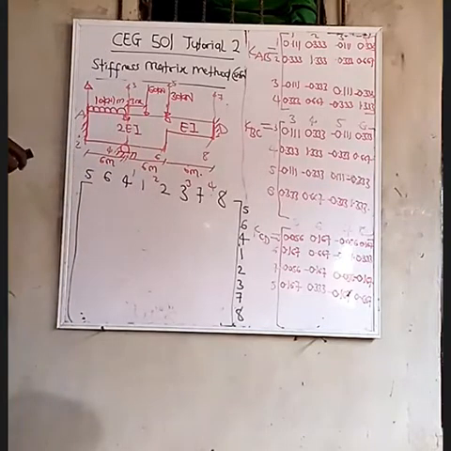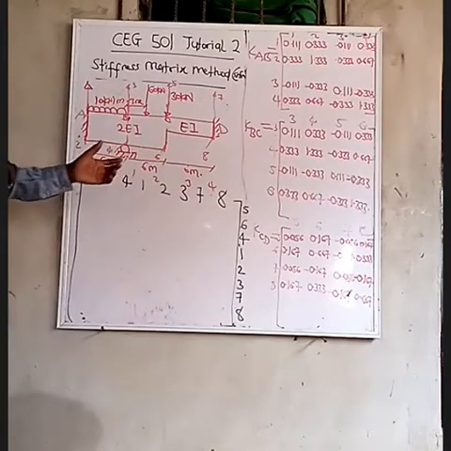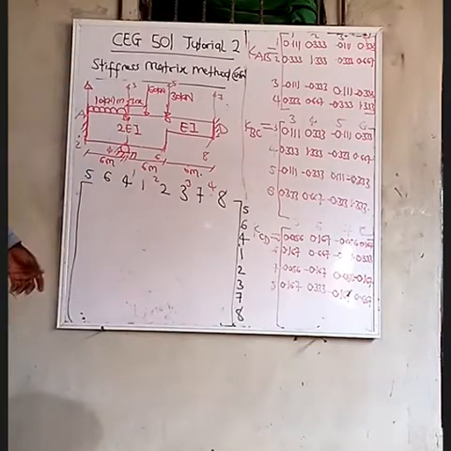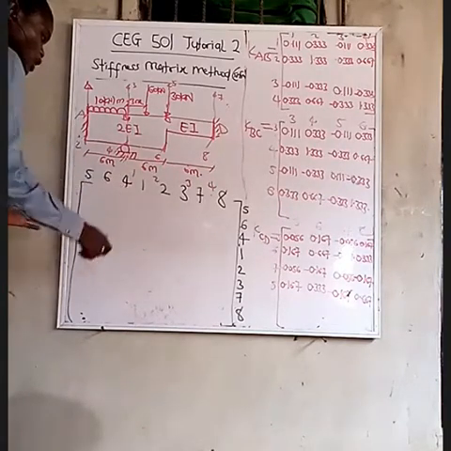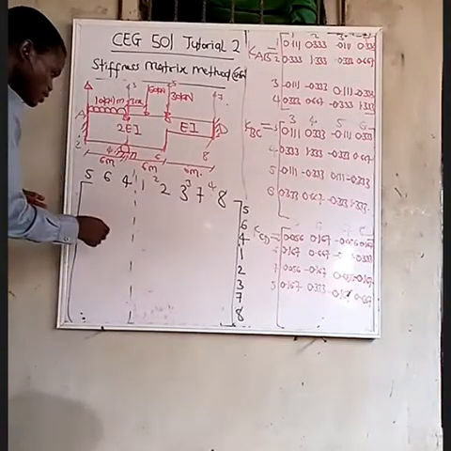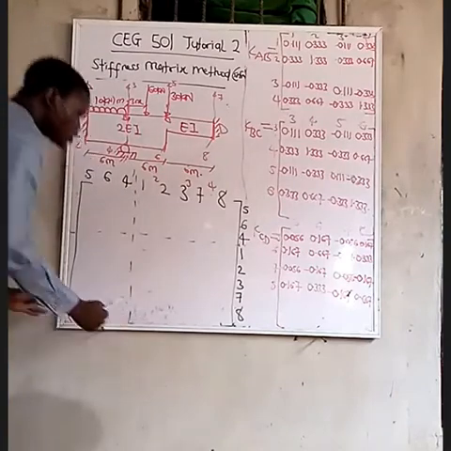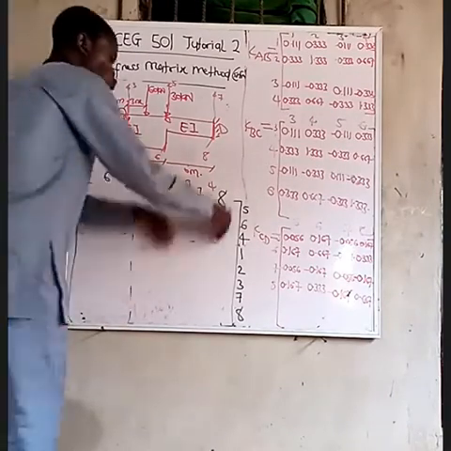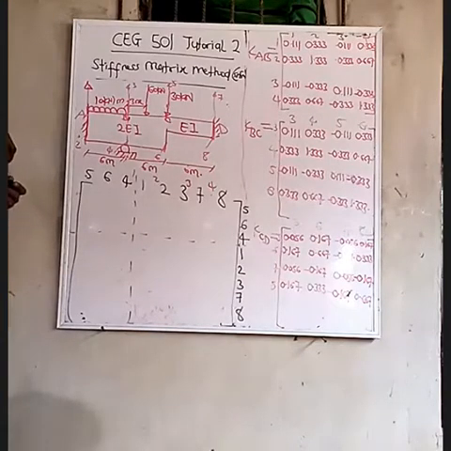The ones we need are simply 5, 6, and 4. Once we get D5, D4, D6, we'll be able to obtain whatever other thing we want. So all we are trying to do now is obtain the elements in this portion alone, leaving this one alone. Is that clear now?